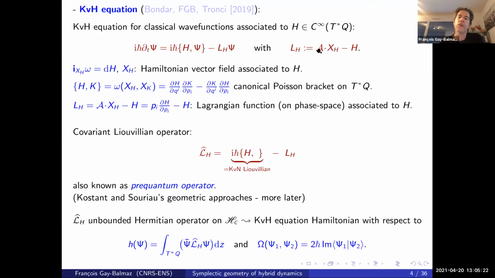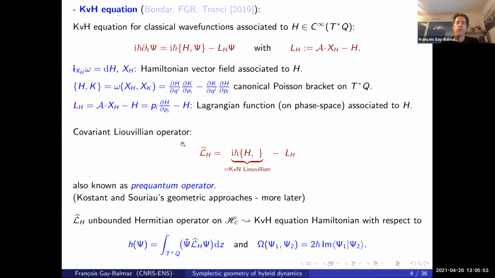Here it is the connection, the canonical one form applied to X_H, which is the Hamiltonian vector field. This is just P times dH/dP in coordinates, so you really have the Lagrangian on phase space. These are the standard notations that I use for the Hamiltonian vector field, the Poisson brackets in intrinsic form, and the Lagrangian that I have mentioned.